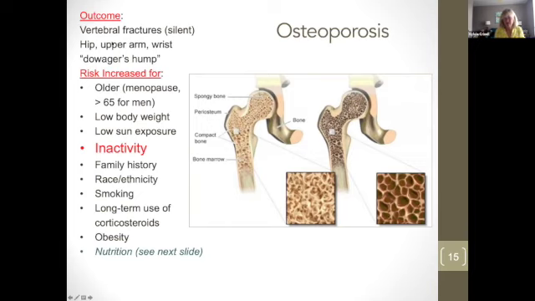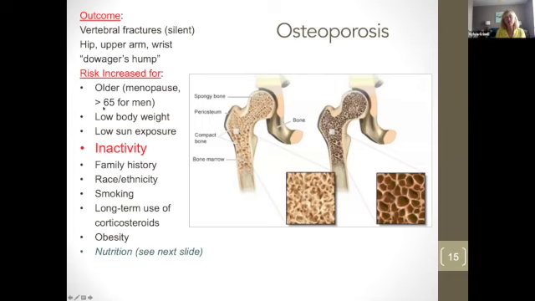A lot of people lose height as they get older because of disc compression, but that's not necessarily osteoporosis. Not everybody gets a dowager's hump, which you've probably seen before, where the back bows quite a bit. That's more extreme. So why do people get this?